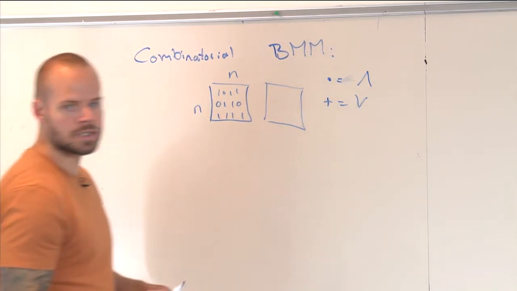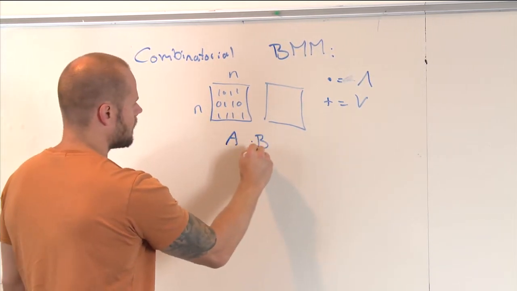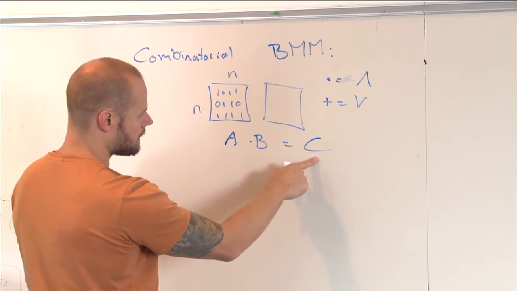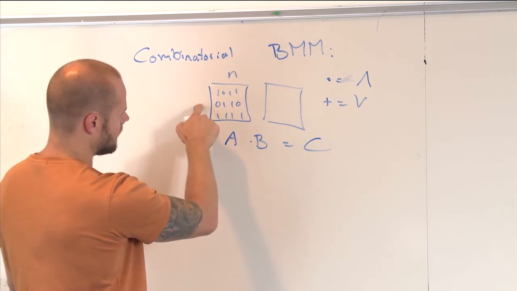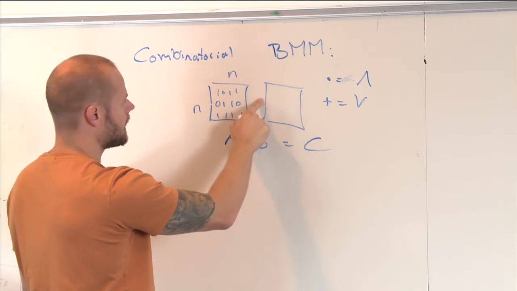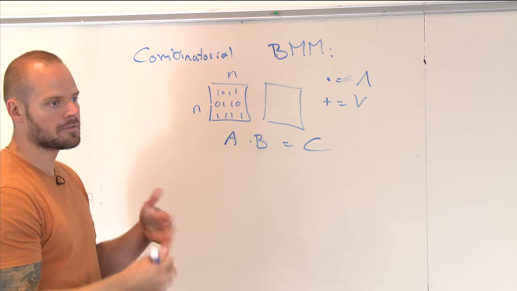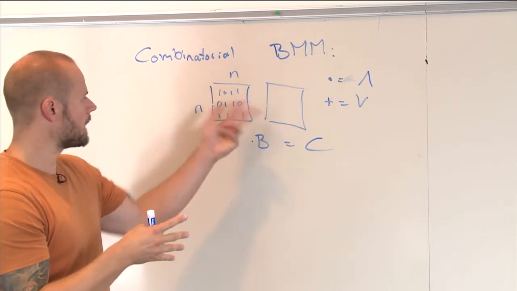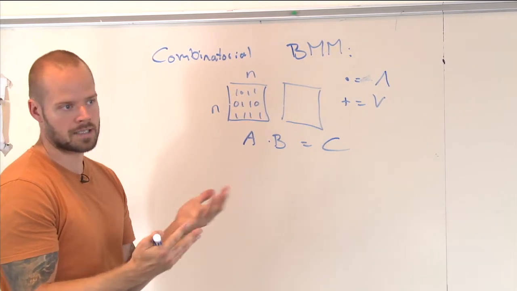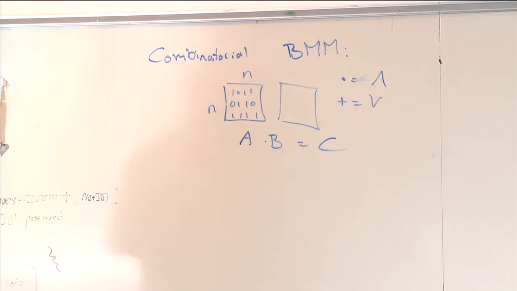So it's the Boolean semiring, which means entry i, j of C is just, you can think of it as a set intersection between the ith row of A and the jth column of B. So the entry is 1 if and only if the two binary vectors have a 1 in common, at least one in common. This is the Boolean matrix multiplication problem.